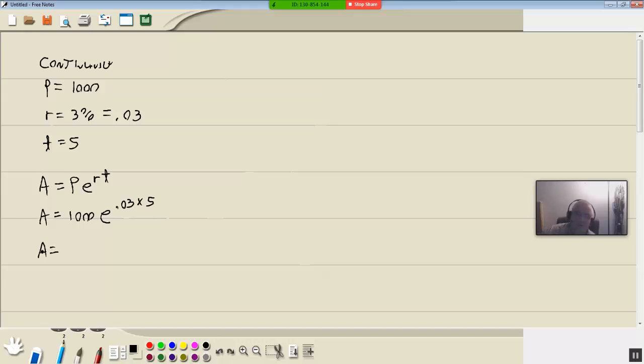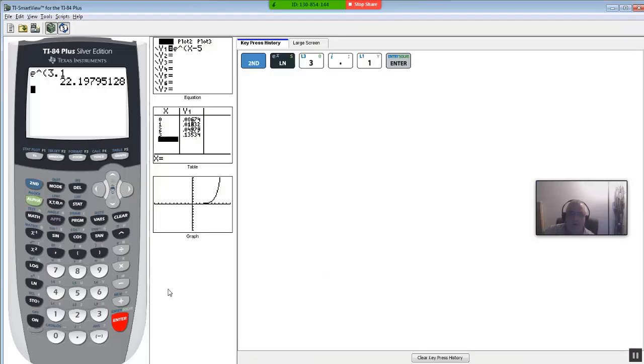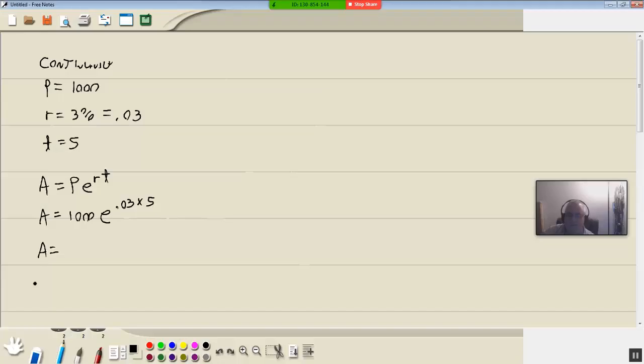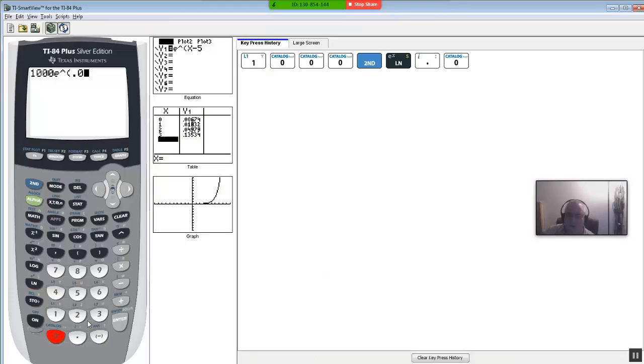Where people mess up in this formula is the overuse of parentheses. If I put this in, I'll do 1,000 e, so we do second ln, or natural log, and then 0.03 times 5. Notice that I am not putting any extra parentheses in.